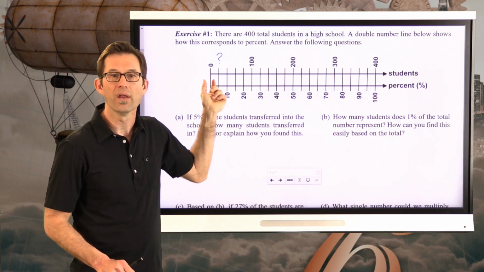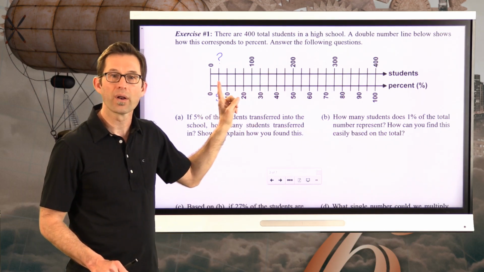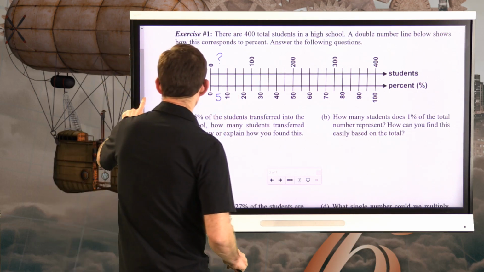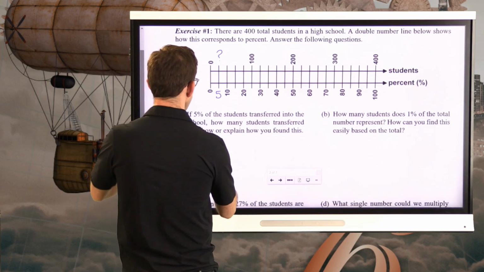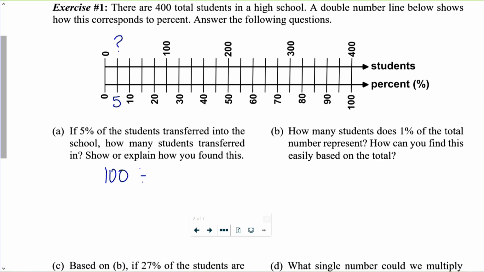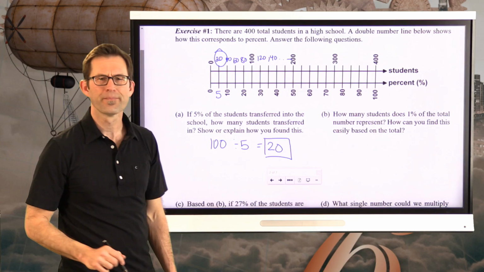It doesn't have anything to do with it. So if I want to know what sits there, all I have to do is take that 100, divide by 5, and I get 20. And that makes sense. I'd have 20, 40, 60, 80, 100, 120, 140, etc. So it's going to be 20 students transferred into the school.